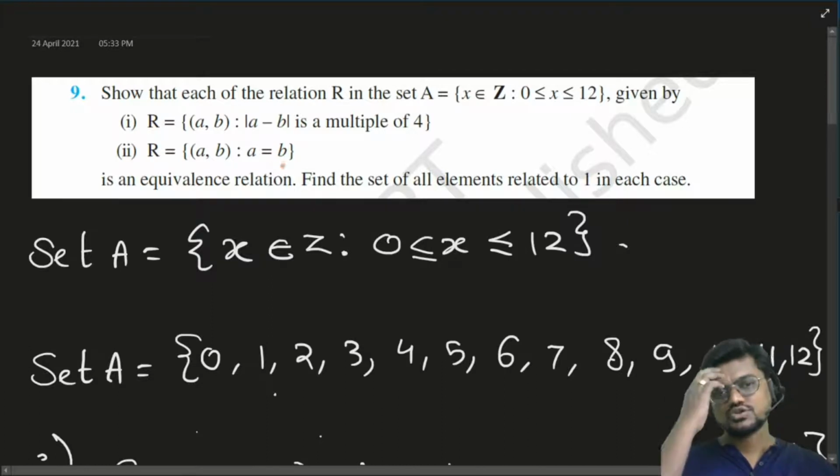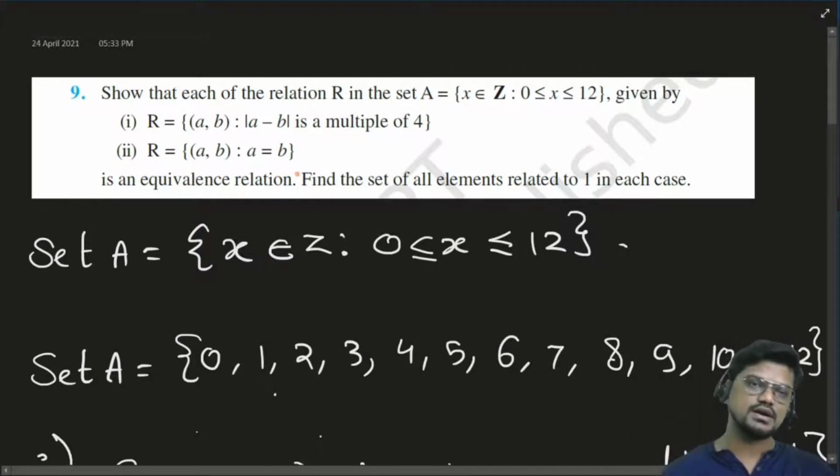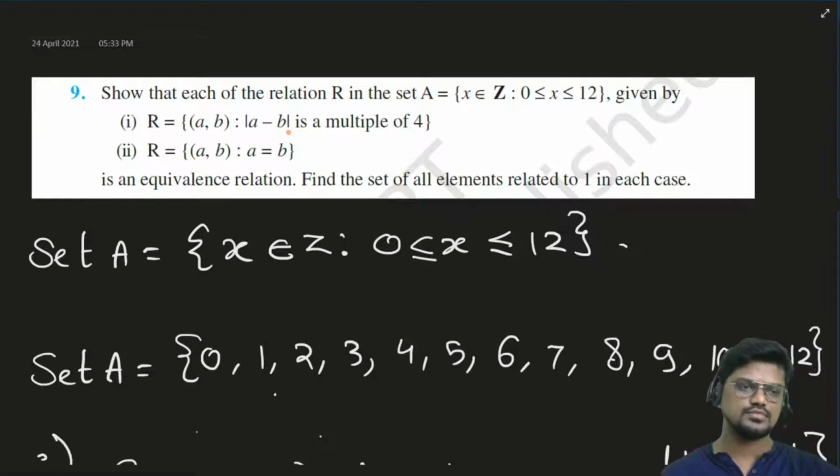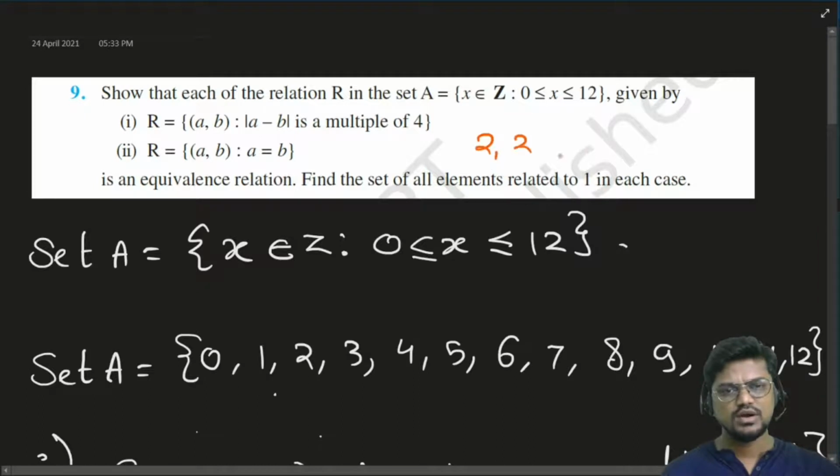Similarly, to prove that it is symmetric: if I write (2, 2), then (2, 2) also belongs to the relation.